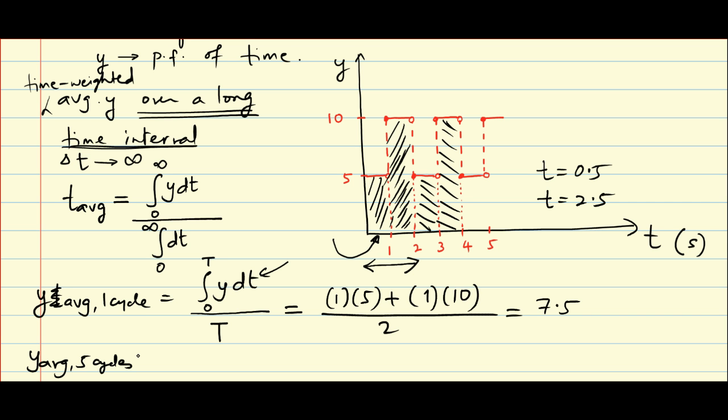So naturally we are talking about a time period of 10 seconds. So the formula is going to be very similar to the one I've written over here, excepting that this is going to become 5T, that is 5 into 2, which is 10 seconds, and this is also going to become 10 seconds.